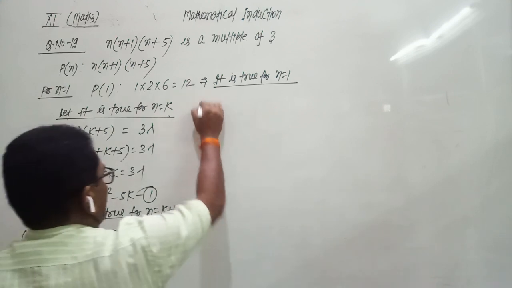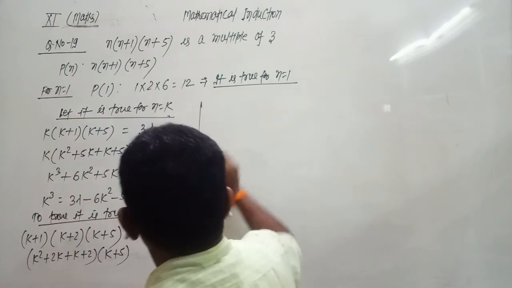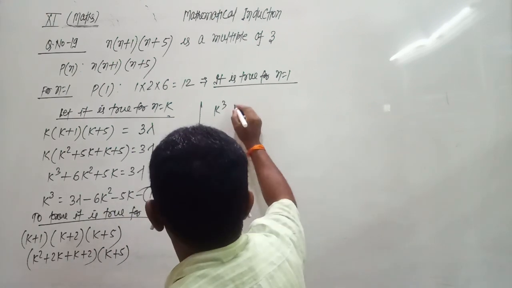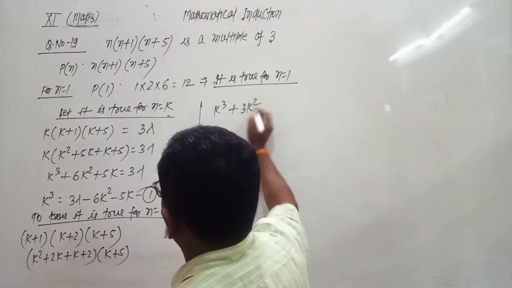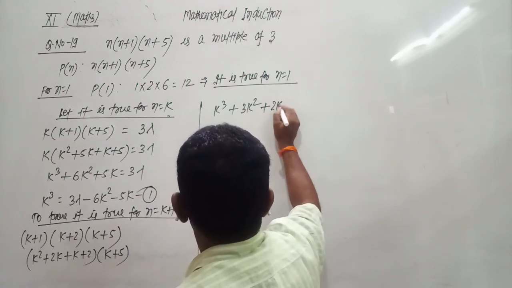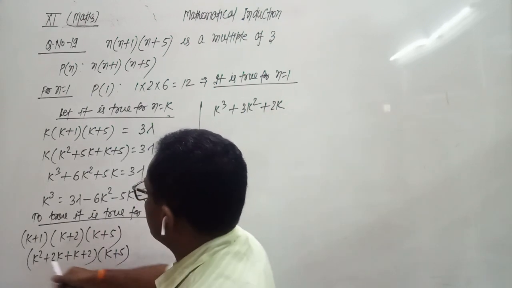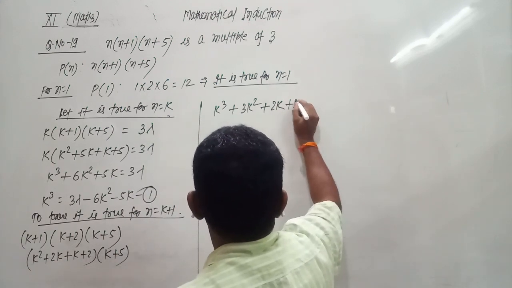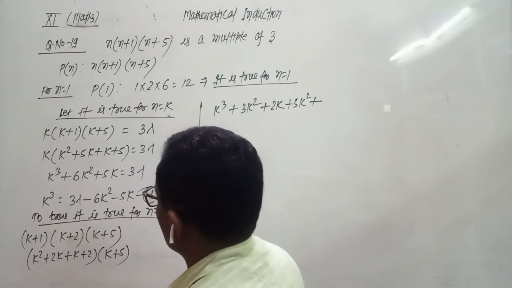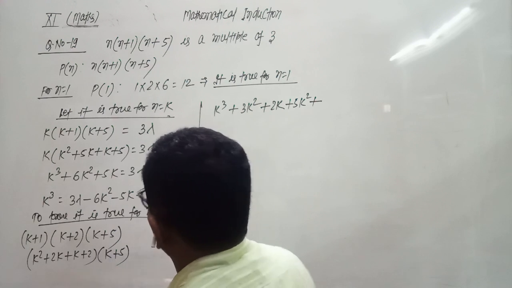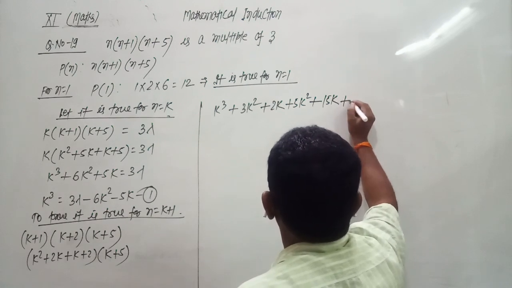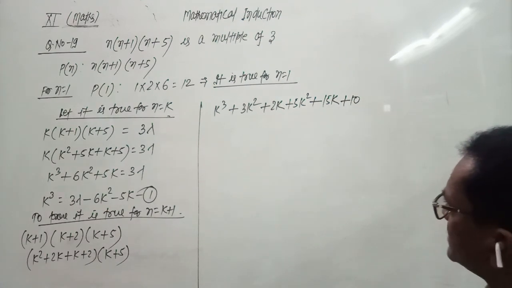Then solve this. k multiplied by k square, that is k cube. 2k plus k, 3k. 3k multiplied by k, 3k square, and 2 multiplied by k, 2k, then 5 multiplied by k square, that is 5k square, 2k plus k, 3k multiplied by 5, 15k, and 5 multiplied by 2, we get 10.